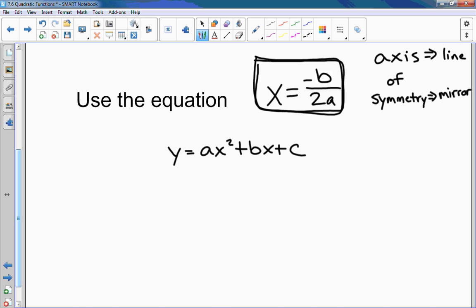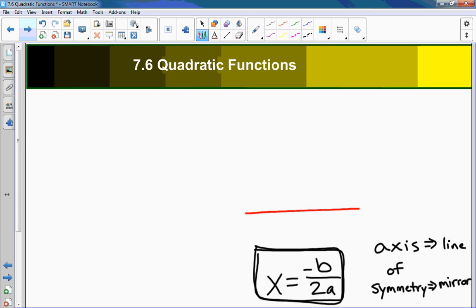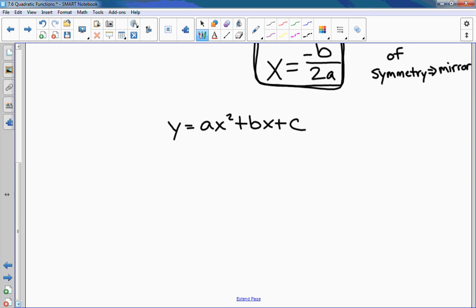So for example, in our last problem, we had y equals x squared plus 4x plus 1. So we take this formula, x equals the opposite of b over 2a. What's x going to equal then?